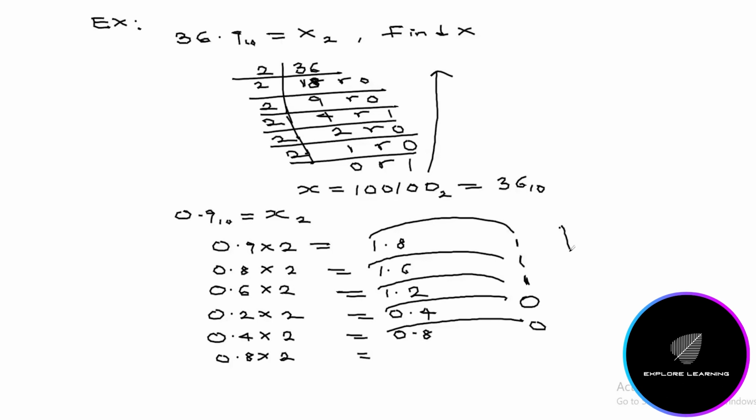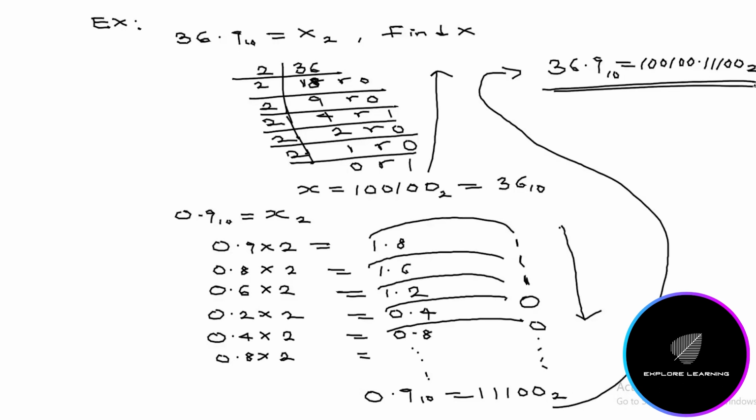So we're going to consider the value from top to bottom. All right. So we can say that 0.9 base 10 is equal to 11100 base 2.